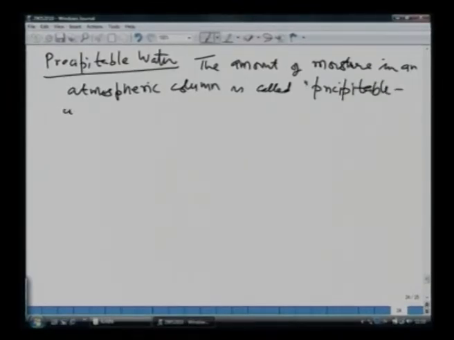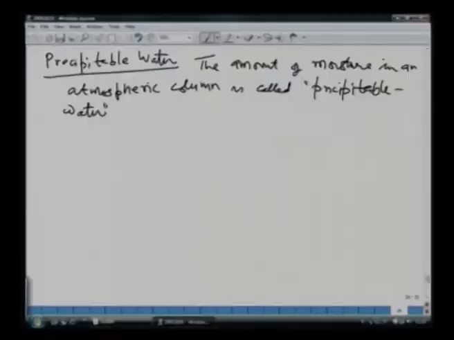The amount of moisture which is available in an atmospheric column is called the precipitable water, the water that can precipitate as rainfall or any other different forms. How can we calculate this? Calculation of the capacity of this water in a cloud or in a column is very important, because what will come out of that cloud, we can model that everything will be coming out of this precipitable water.